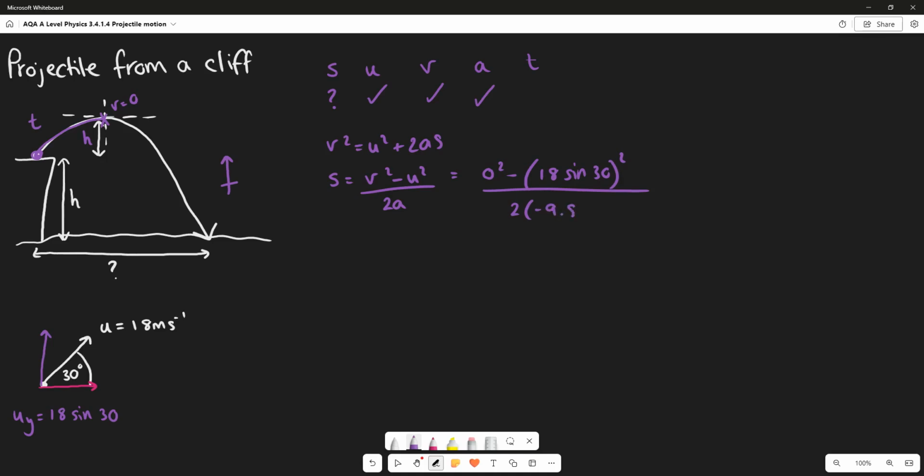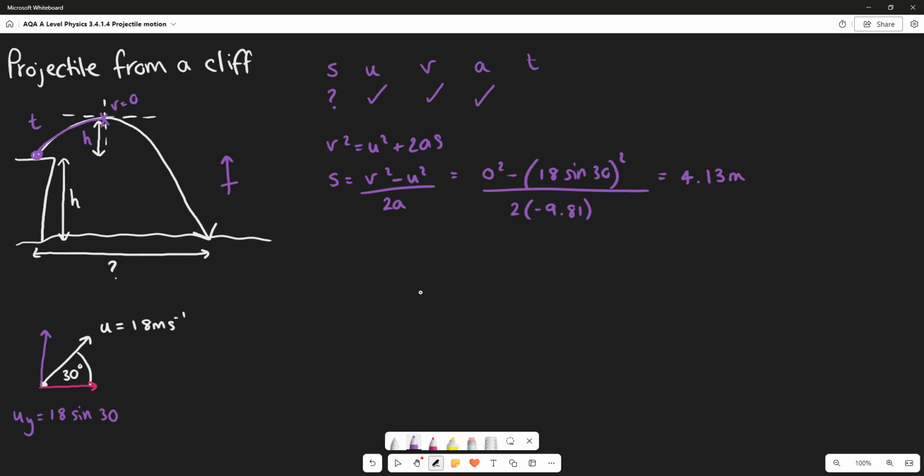Remembering that gravity is going to be negative if up is the positive direction. I'm keeping the original number in my calculator. It does come out as a few more decimal places than this. I'm going to save it to the memory and use it later.